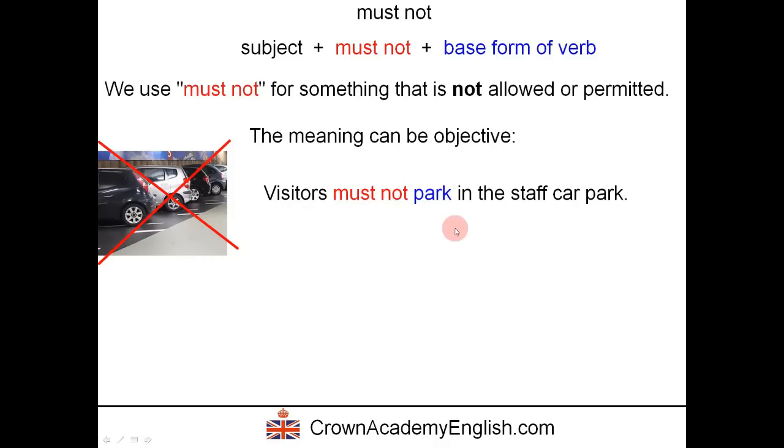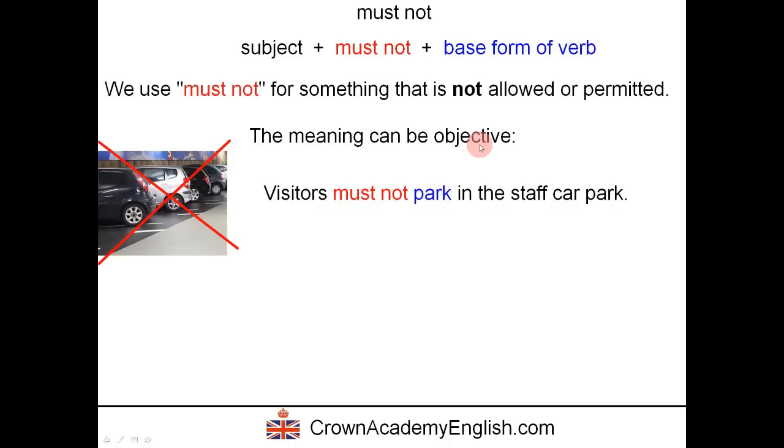Visitors must not park in the staff car park. Okay, visitors must not park in the staff car park. So this could be on a sign, for example. This is an example of a sign that is in the car park.